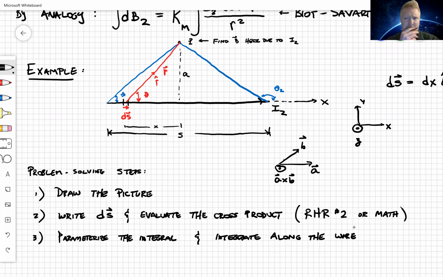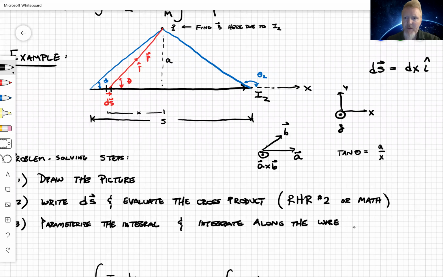Is that right? Let me think here. The tangent would be opposite over adjacent, A divided by X. Oh, no, it's not. So it would be X. If I put X here, that would be A divided by the tangent of theta.